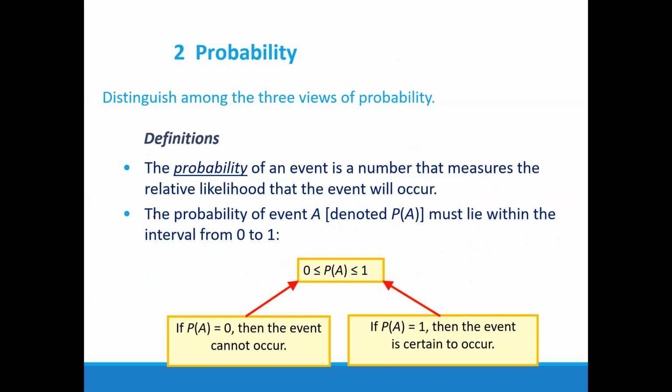The probability of an event is the number that measures the relative likelihood that an event will occur. Again we have the sample space for rolling a die. This sample space contains 6 possible outcomes or 6 events. Each number represents the number of circles on one of the faces of the die.